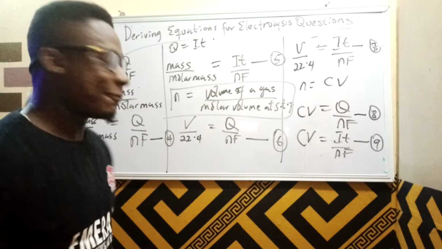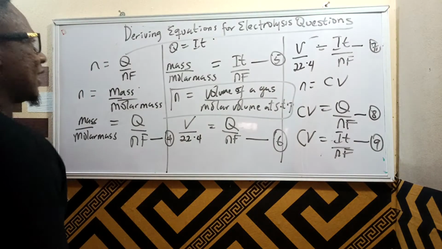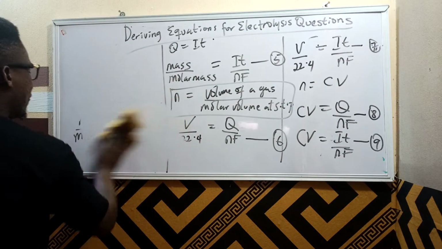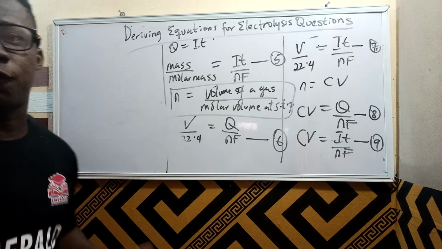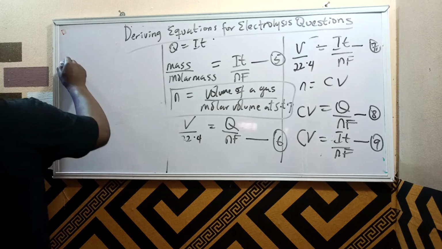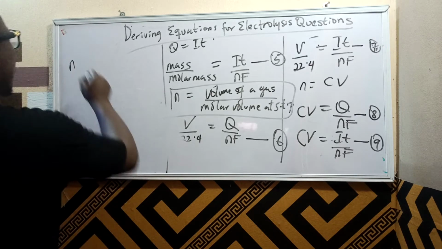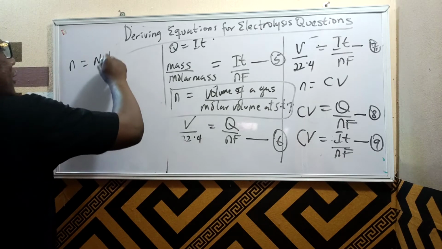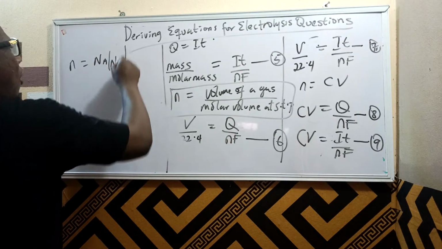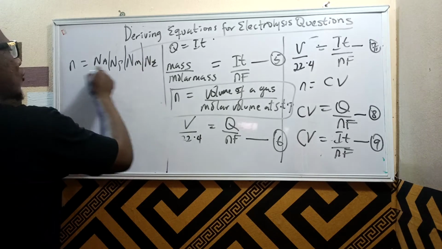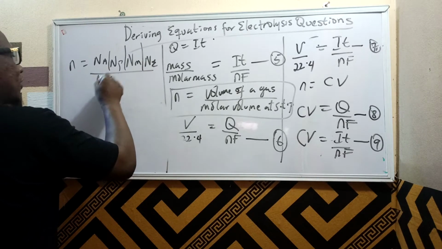Again, like I've told you, we are toying with the formula for number of moles. You will also recall that the number of moles n is equal to the number of atoms, or particles, or molecules, or electrons over Avogadro's constant.